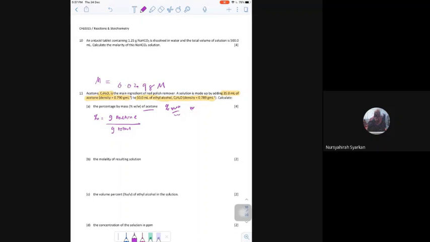The mass of the acetone will be equal to its volume, 35 ml, multiply with the density 0.79 gram per ml, over the answer above: 35 ml multiply with 0.79 gram per ml plus the second one, 50 ml multiply with the density 0.789 gram per ml. Multiply with 100%.